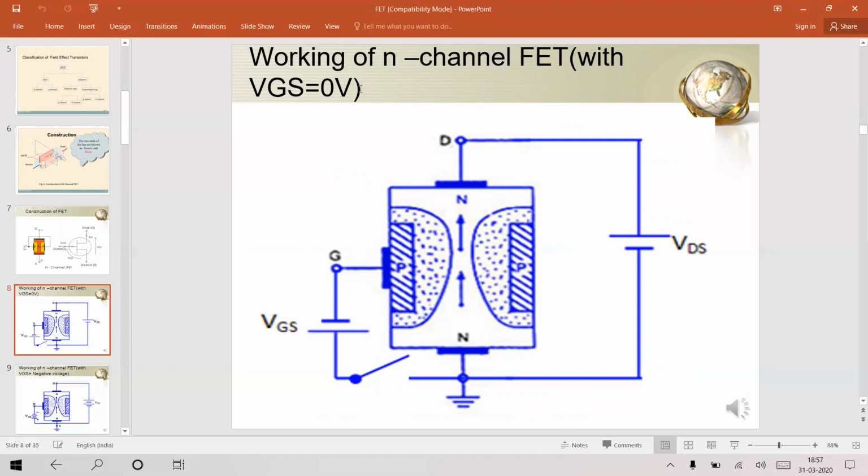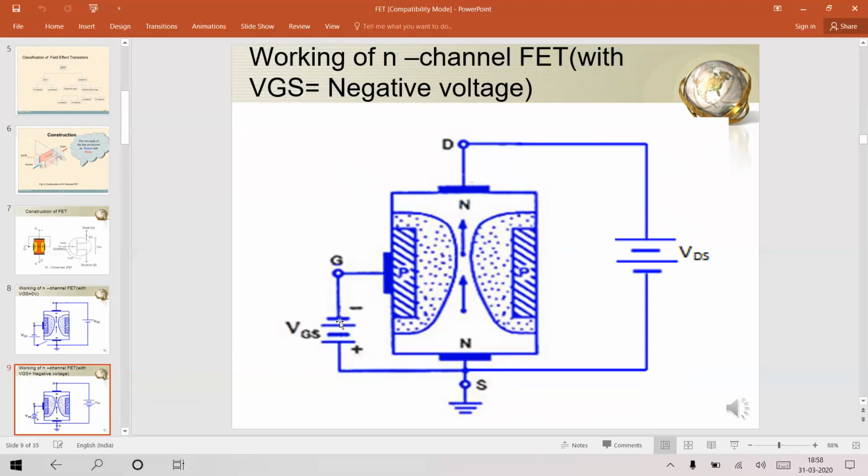So with VGS equal to 0, this is one conduction state of the device. There is a path, and current can still flow even with VGS equal to 0. Next you apply VGS as negative.